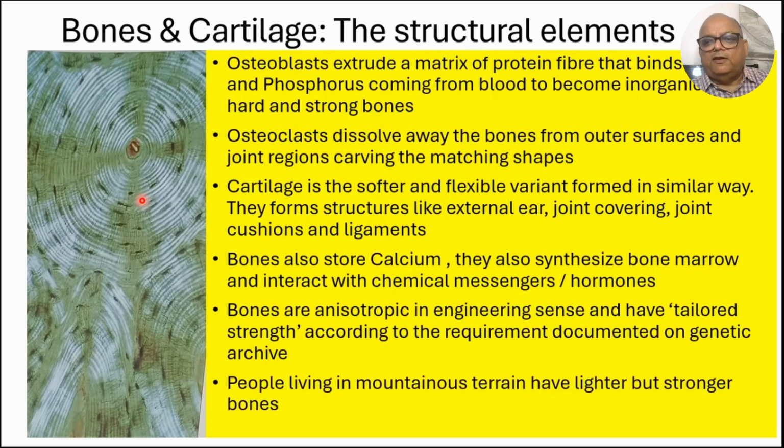For example, people living in mountainous terrain have lighter but stronger bones. They are known to have less body weight because they have to climb vertically on mountains and carry weight on their head. So they are very sturdy Sherpas, but their bones are lighter. Okay. So there are some such genetically programmed specialties.